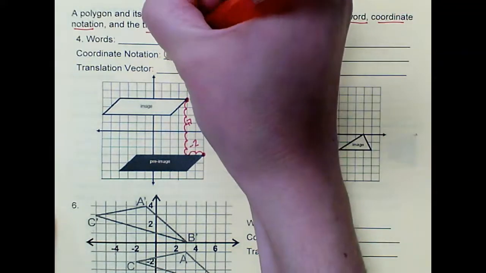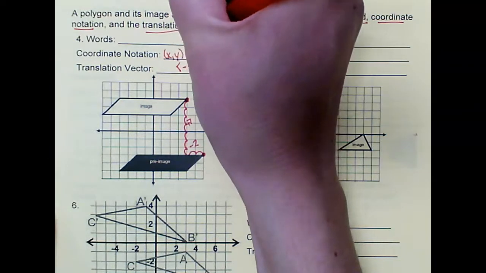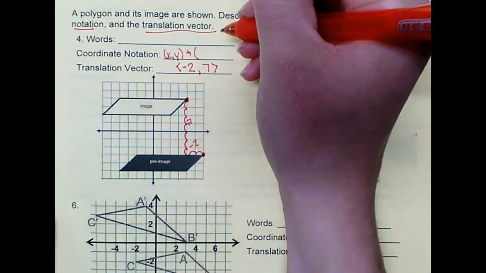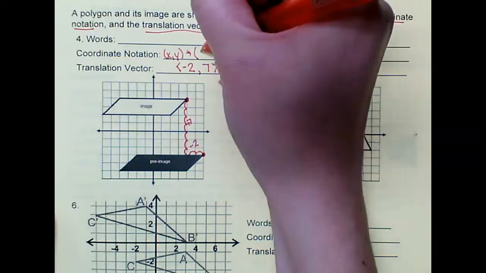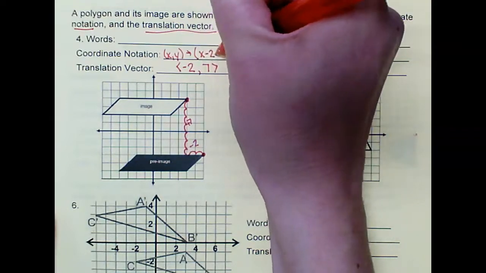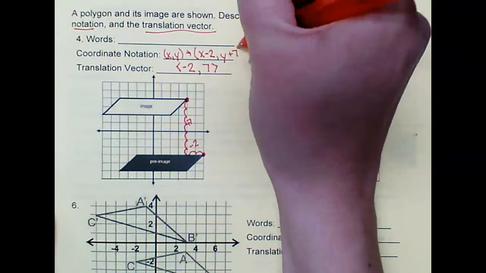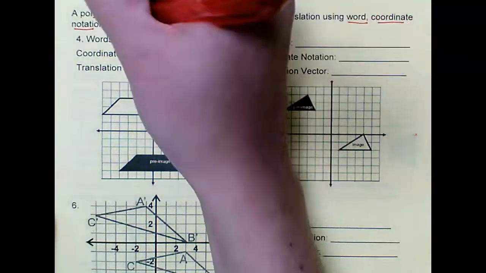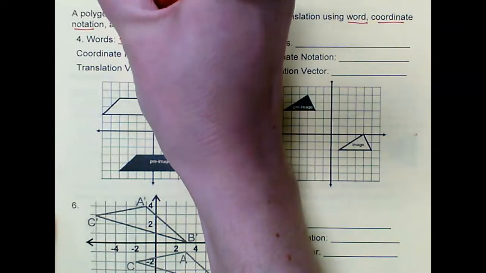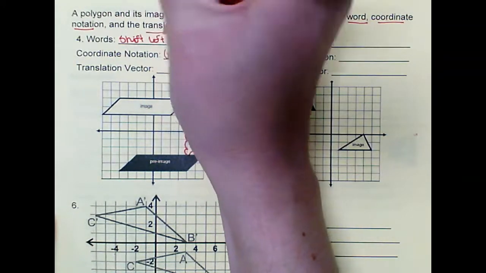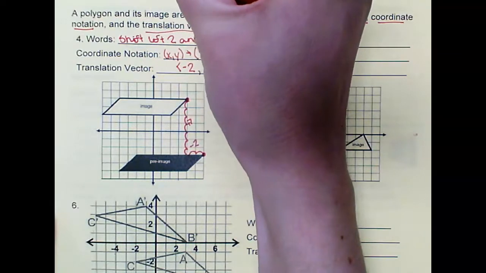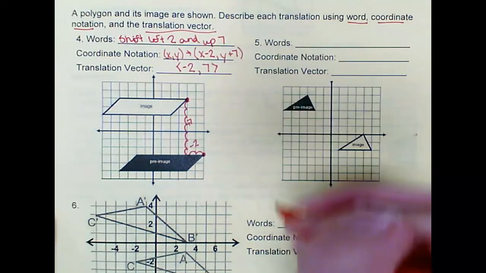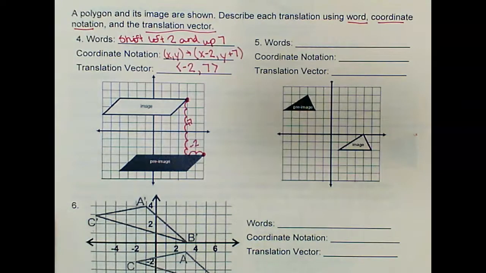My mapping would take the point x, y, and it would move to x minus 2 and y plus 7. And in words, we would write that we shift left 2 and up 7. So pause your video and try example 5.